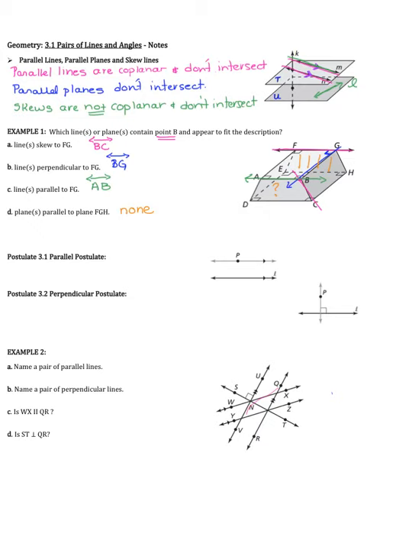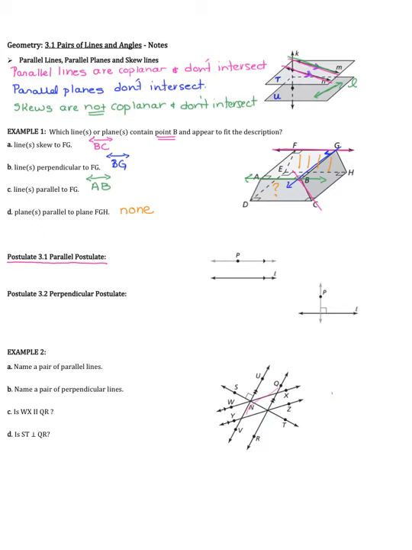All right. Okay, so now let's get into a couple postulates that are going to be introduced in this chapter. Remember that a postulate is a statement we just accept without proof. So that means it'll be pretty basic.